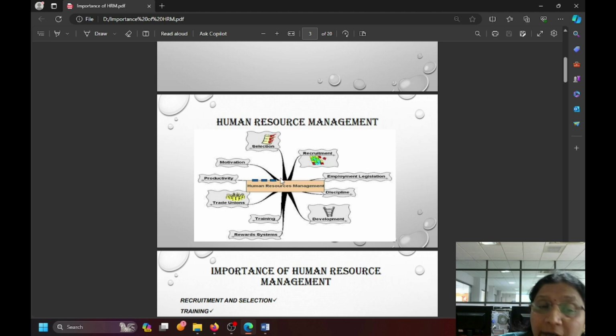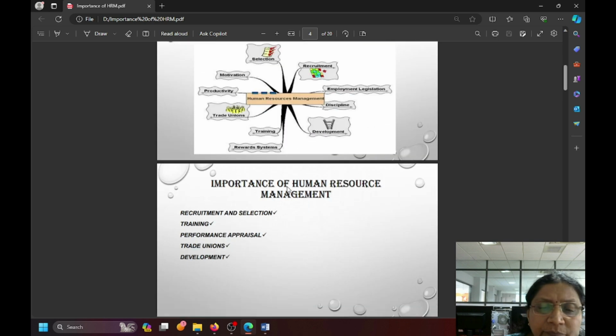In addition to that, motivation and productivity improvement can also be added as human resource components. So we are supposed to focus on all these components to understand human resource management. Or you can say that managing all these components is known as human resource management.